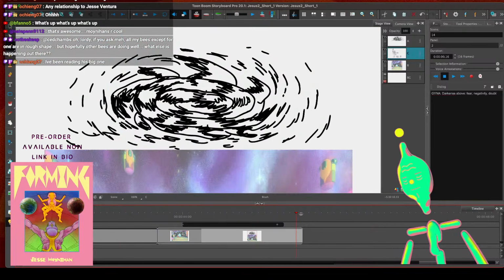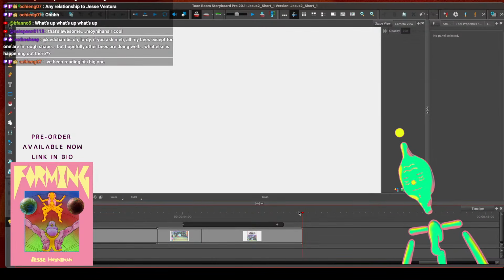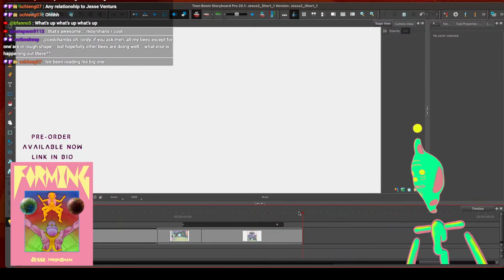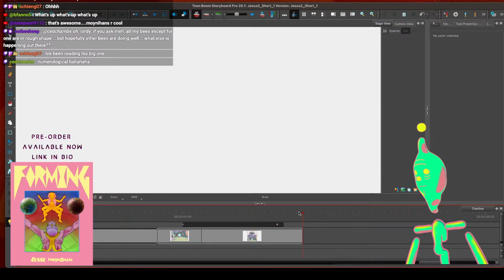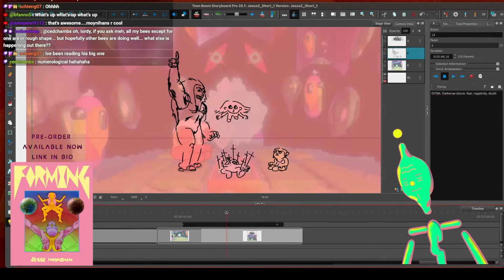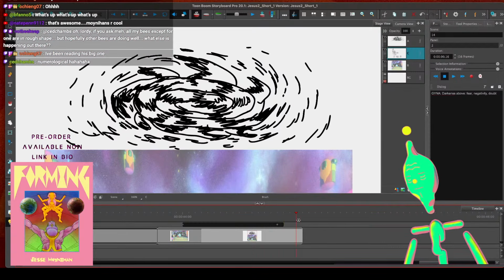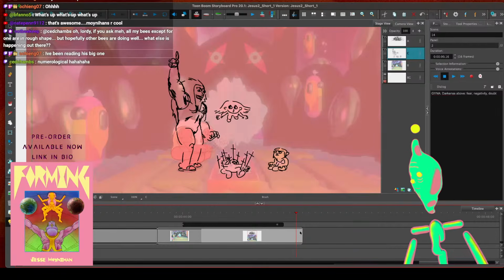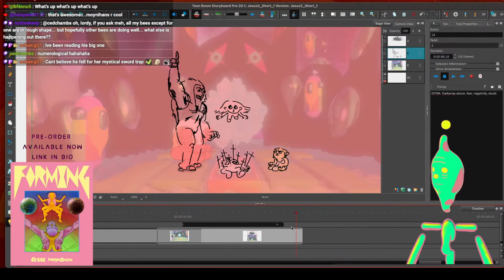All the sort of astrological, numerological, and so yeah, base trap. Okay, so there's the black hole. She explains darkness above, fear, negativity, doubt. And then what would we have after that?